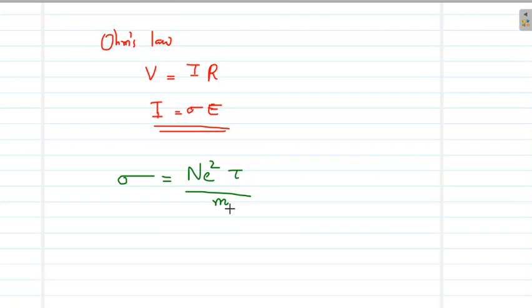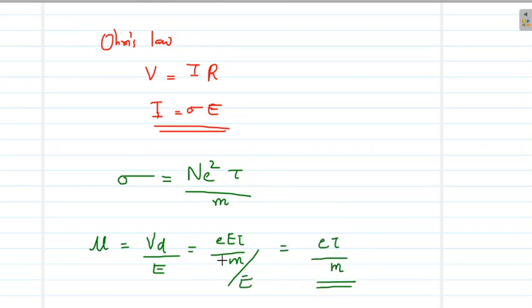Now let me also define one more term called carrier mobility, mu, and we define mu as drift velocity per unit applied electric field, Vd by E. So what will be mu? Vd is e E tau by m, divided by E, which will be e tau by m. So the carrier mobility is given by e tau by m, where tau is the relaxation time.